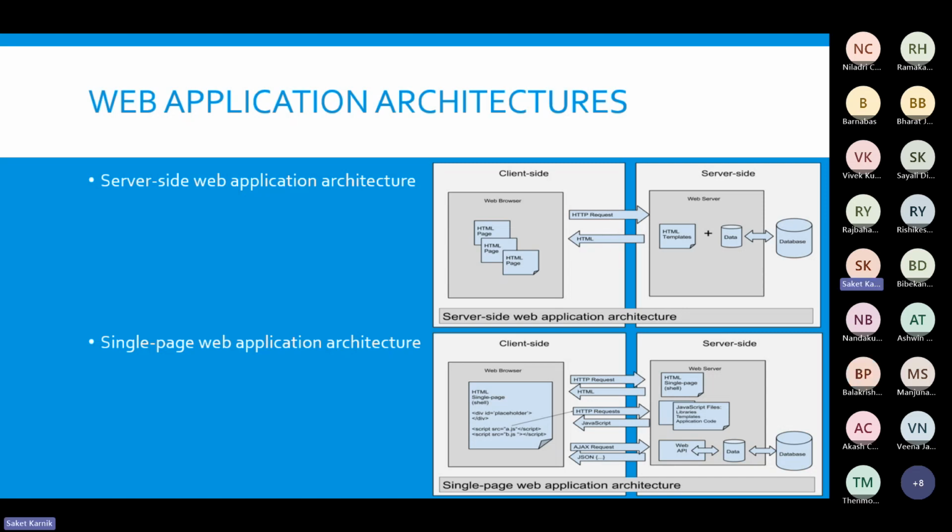Then comes the client-side architecture with a single page application inside. The server is still responsible to provide you interaction with the data. This interaction is exposed to the client with the help of APIs. Particularly in .NET, we call them web APIs. Otherwise, in general, you can call them RESTful APIs or web services.